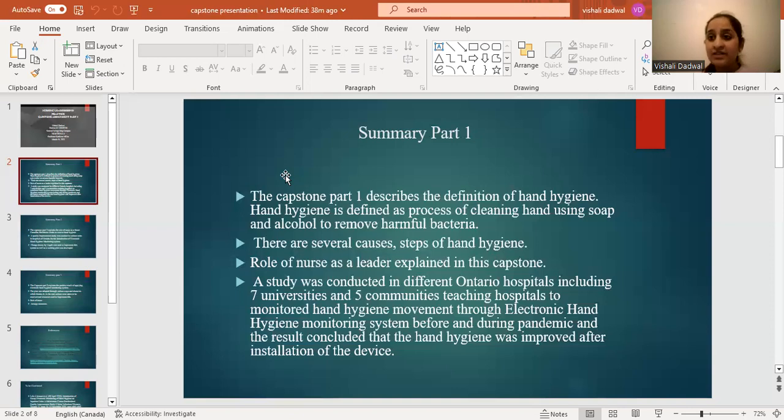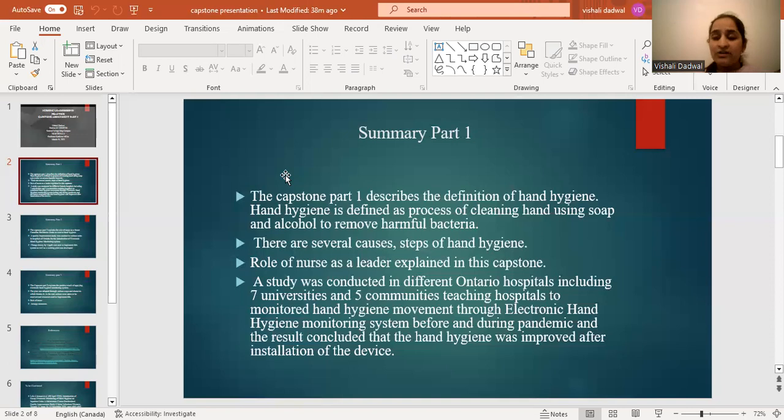And there are several steps of hand hygiene: first of all, rinse our hands with plain water, and then apply soap on our hands, rub our hands, palm, back of the hand, and clean our fingers clockwise and anti-clockwise.